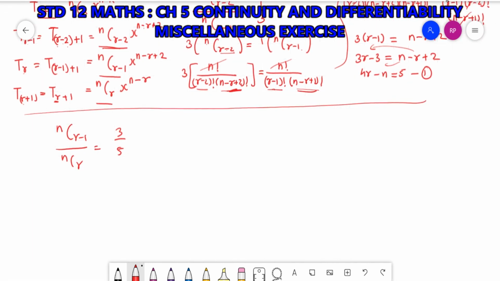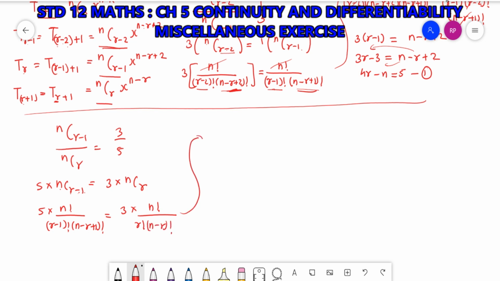So now, cross multiplying, 5 into nCr-1 equal to 3 into nCr. 5 into n factorial upon (r-1) factorial (n-r+1) factorial, equal to 3 into n factorial upon r factorial (n-r) factorial. Now see which is greater, r, so I will reduce this, and in this (n-r+1), so I will reduce that.